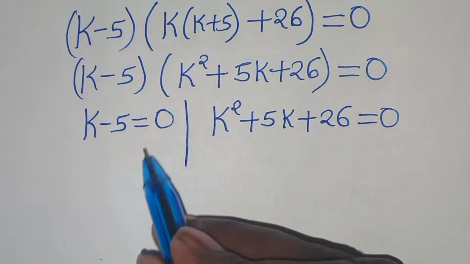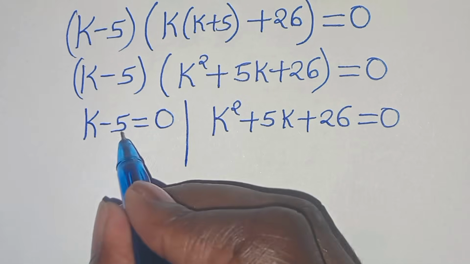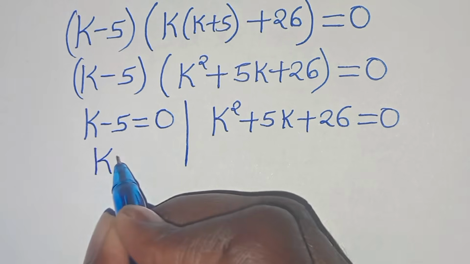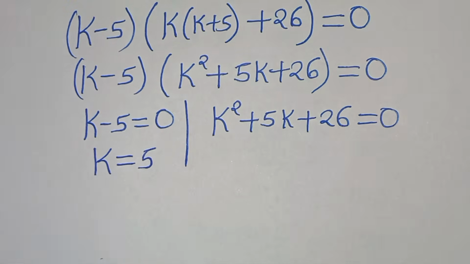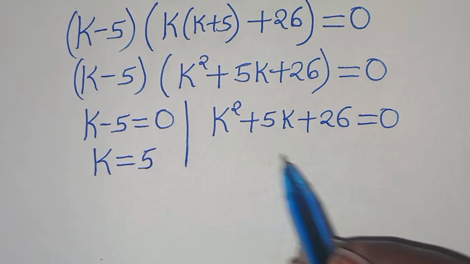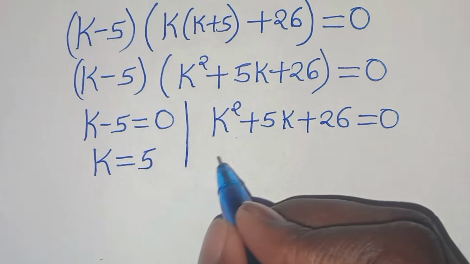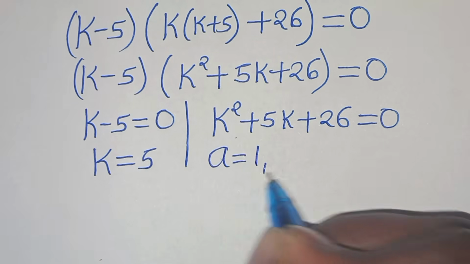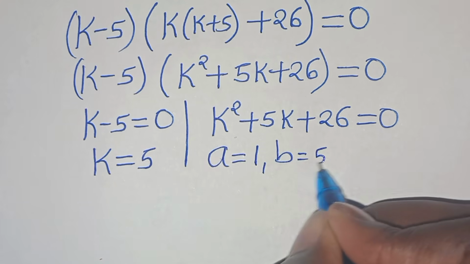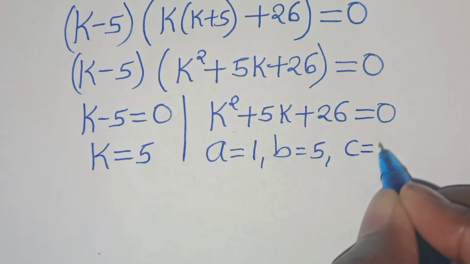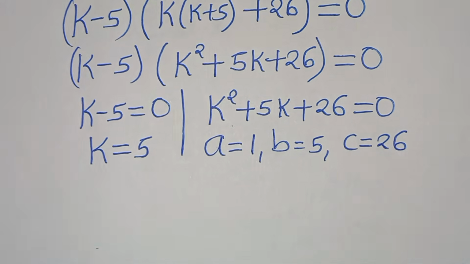So we have got two parts here. The first part is k minus 5 is equal to 0. So k is equal to 5. The second part here is a quadratic equation, where we have a is equal to 1, b is equal to 5, and c is equal to 26.